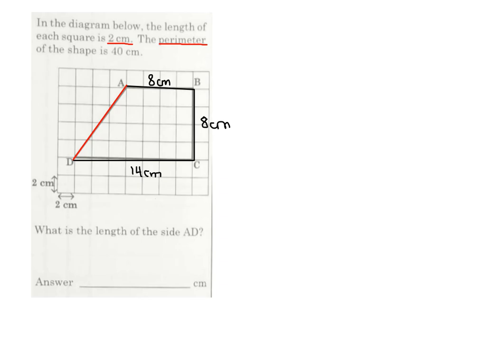So let's write that down. So the perimeter is 40 centimeters, right? We want to get the length of AD. What do you think we should do with the sides that we know?